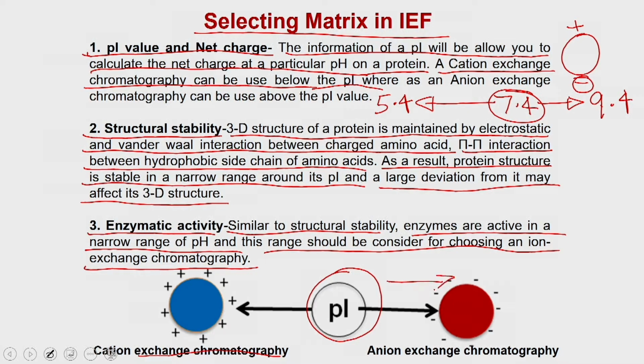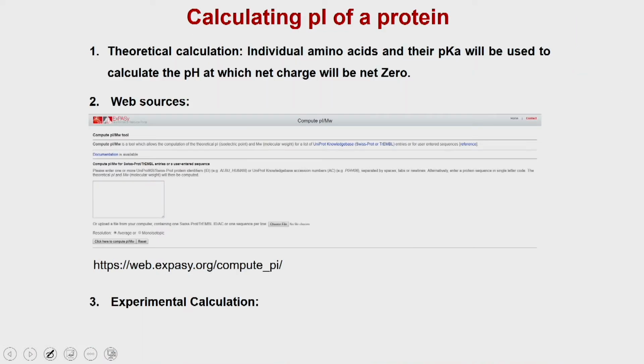If you go above the pI value, you will be able to use anion exchange chromatography. Now, the question comes, how can you calculate the pI of a protein, because that is very important if you would like to start using anion or cation exchange chromatography.